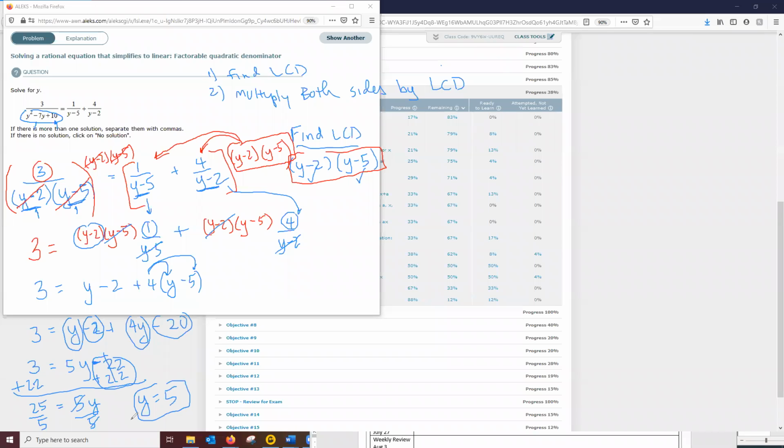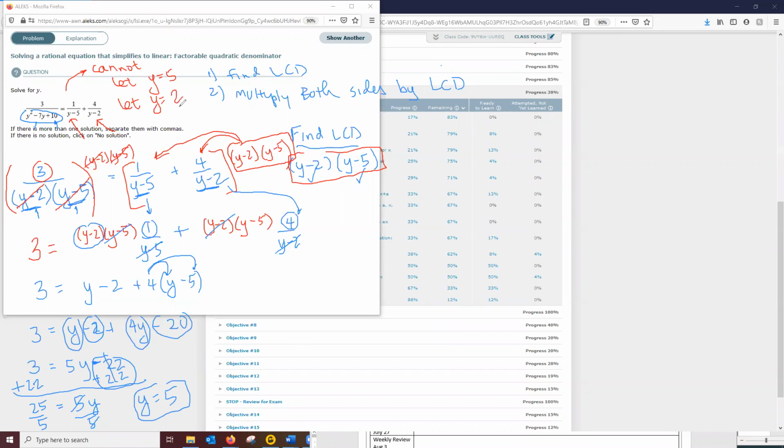But remember, I got to be careful because I got to check if that's really a valid solution. Well, when I go back to the starting denominators, notice I have a y minus 5 and a y minus 2. Well, that tells me I cannot let y equal 5, and also I cannot let y equal 2.